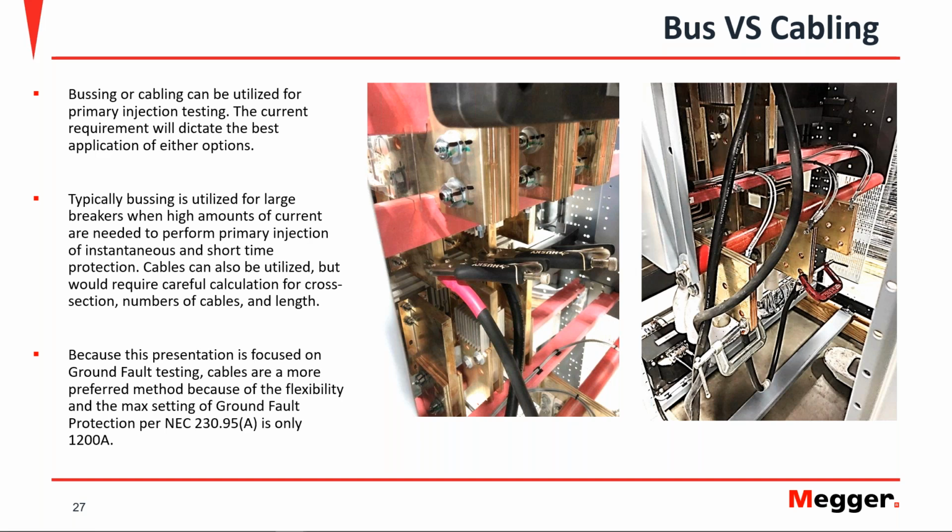We can now say that cabling is preferred for ground fault testing. It's easier to connect and manage in the field. Because we know for a fact that the maximum current we're going to be testing with is 1200 amps, we can establish that cables will be enough to perform these measurements.